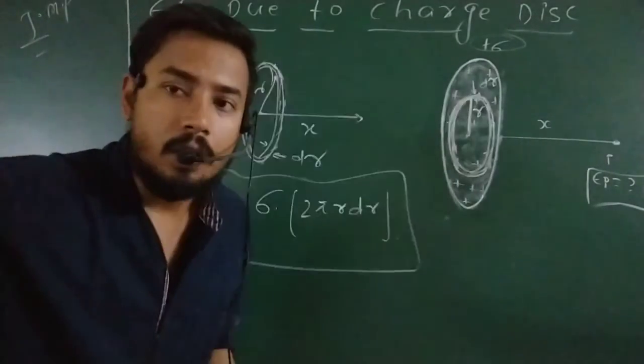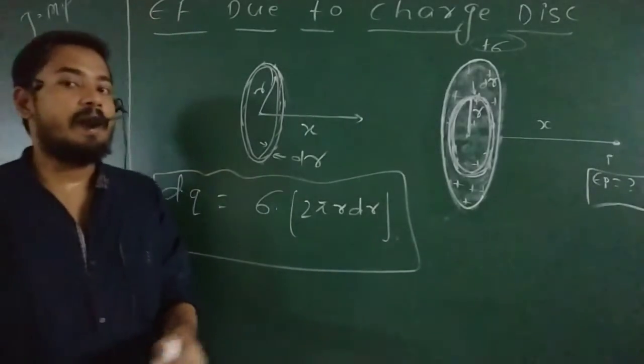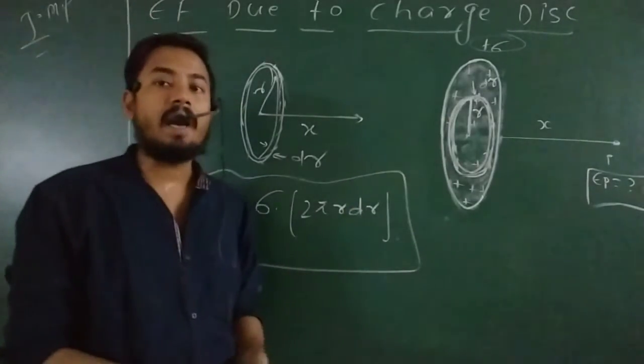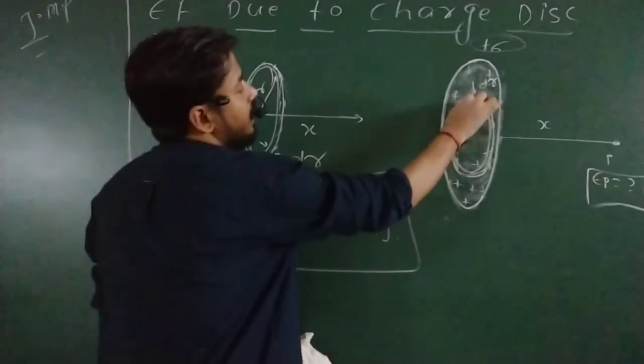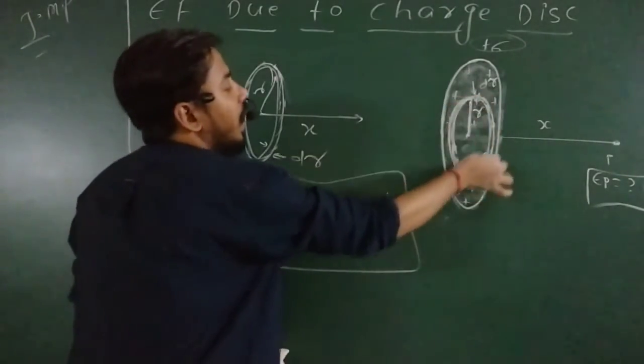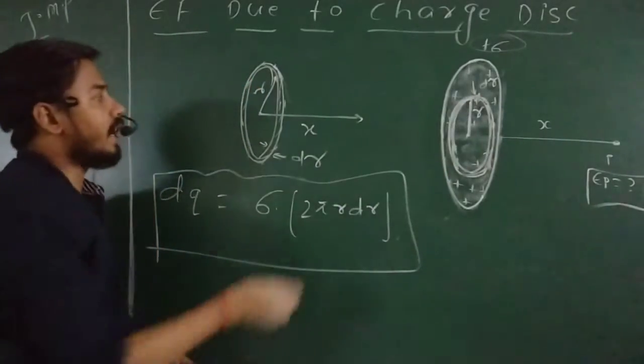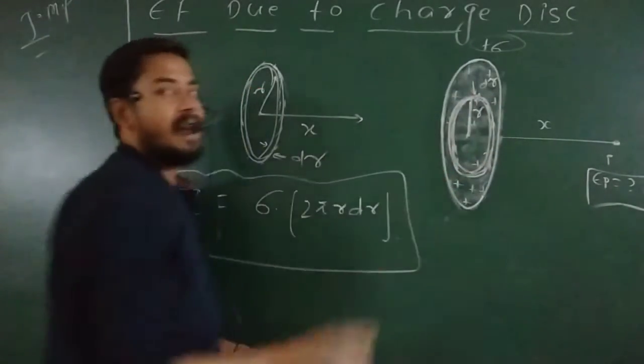So I move from the center to a distance r and select a ring whose thickness is dr.